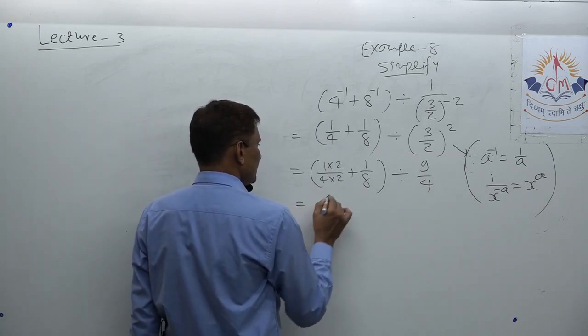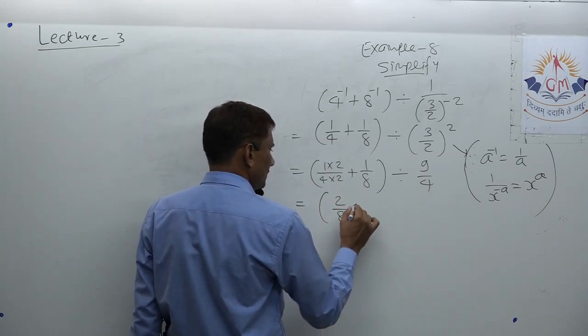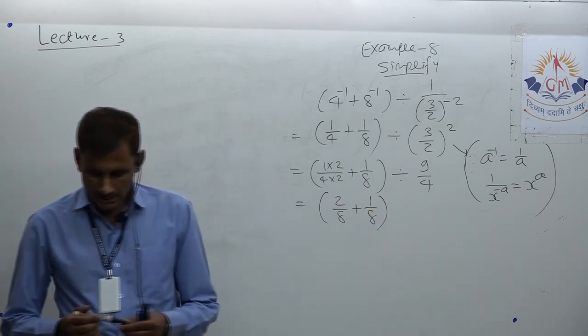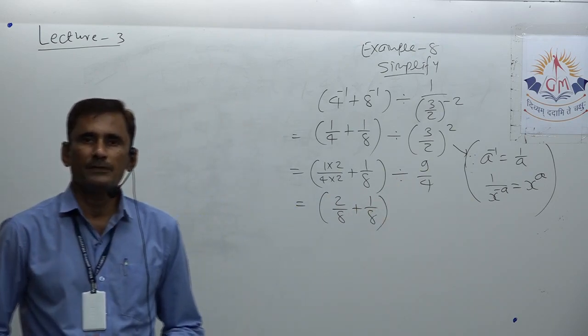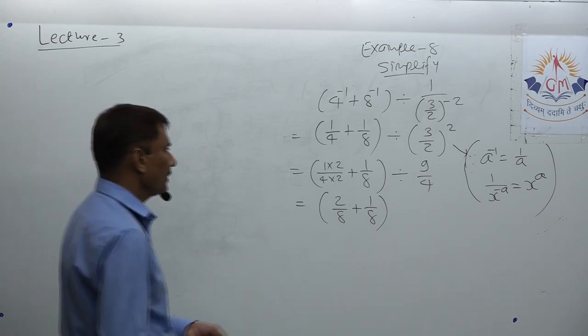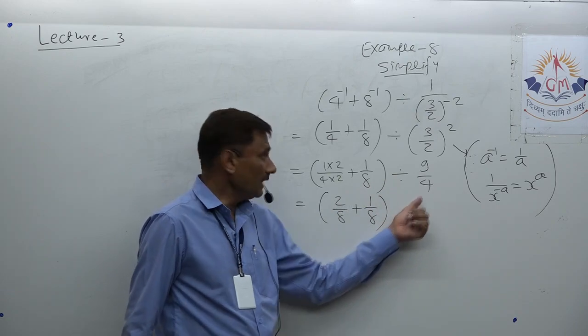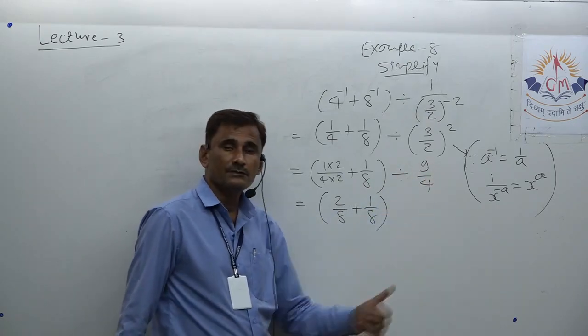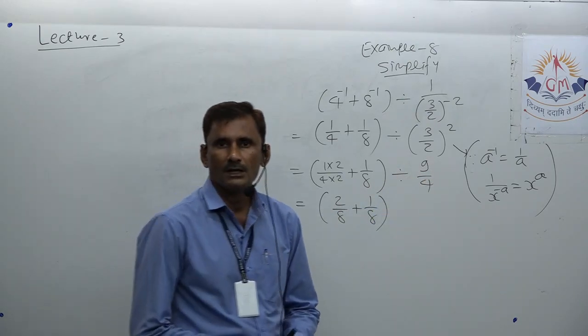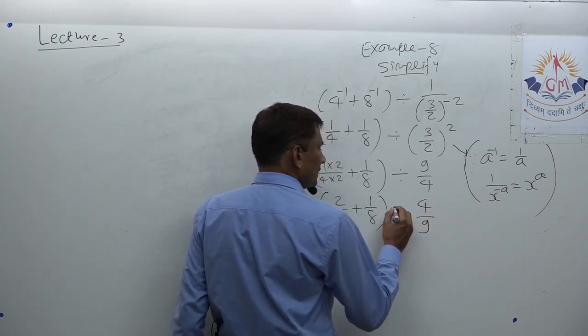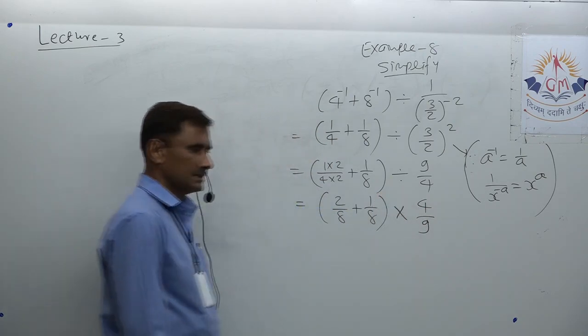Okay, now it is 2 by 8 plus 1 by 8. As I told you in the previous lecture, you can make the division sign into a multiplication one by writing the inverse of that number. So if I write here 4 by 9, then it should be a multiplication sign.